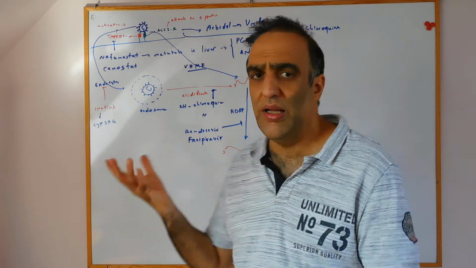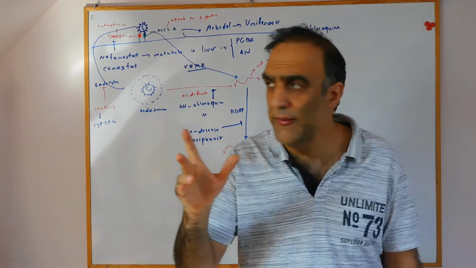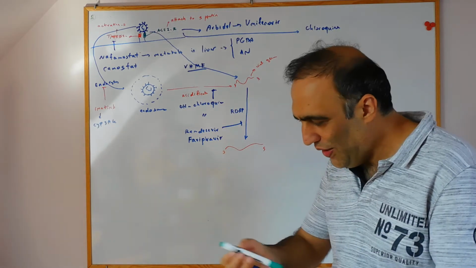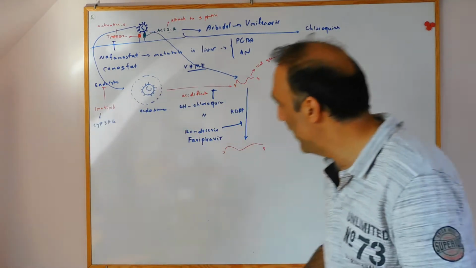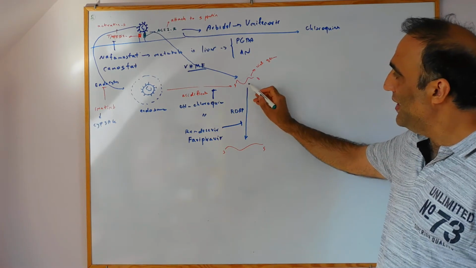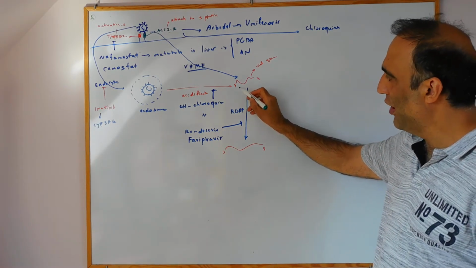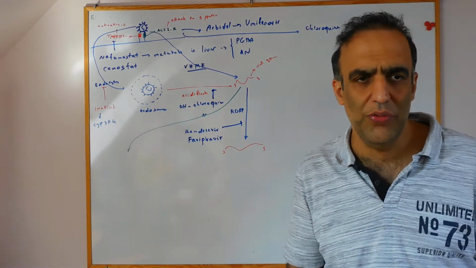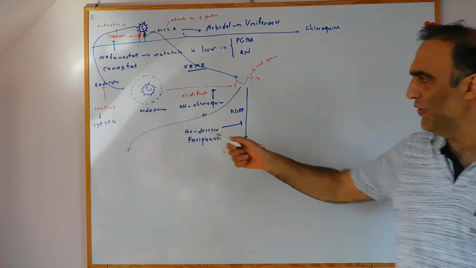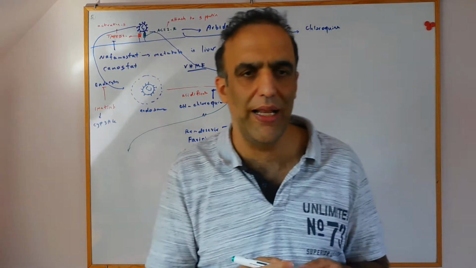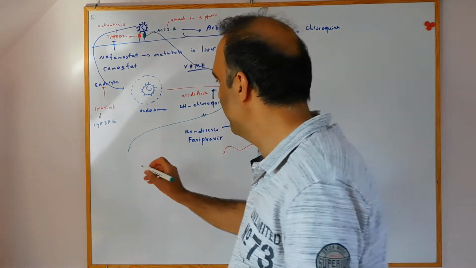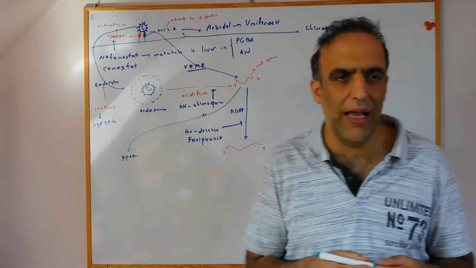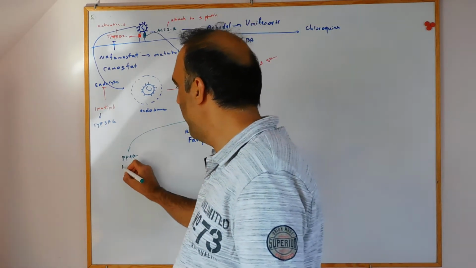Until here is very nice. This first step is good, but there is another direction of these steps which is very important. From this viral genome two types of protein can be produced, and it's very important: PP1A and PP1AB.